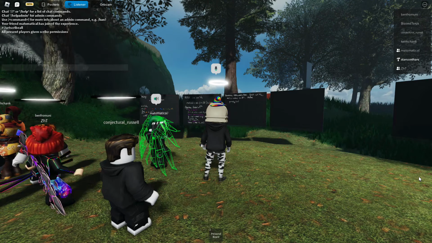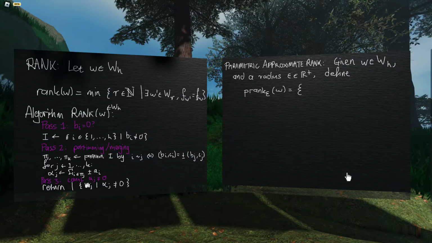It's a property of w, and this is defined as the minimum of the rank of another parameter, u, where u is close to w in parameter space: u minus w in the L infinity distance is less than or equal to epsilon.